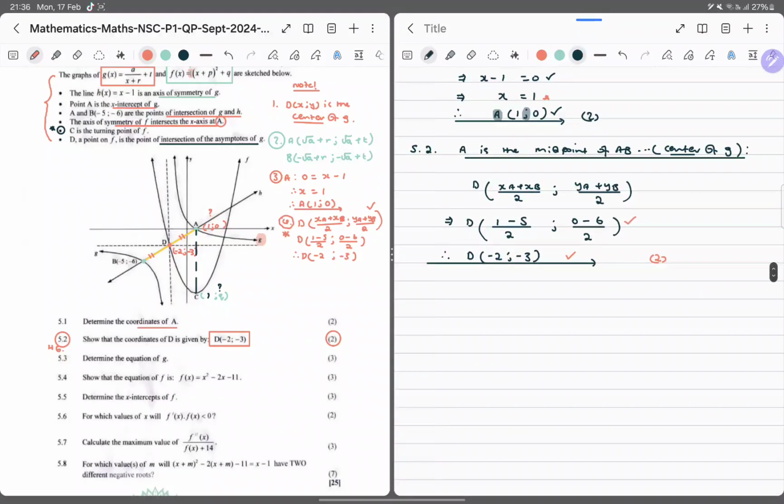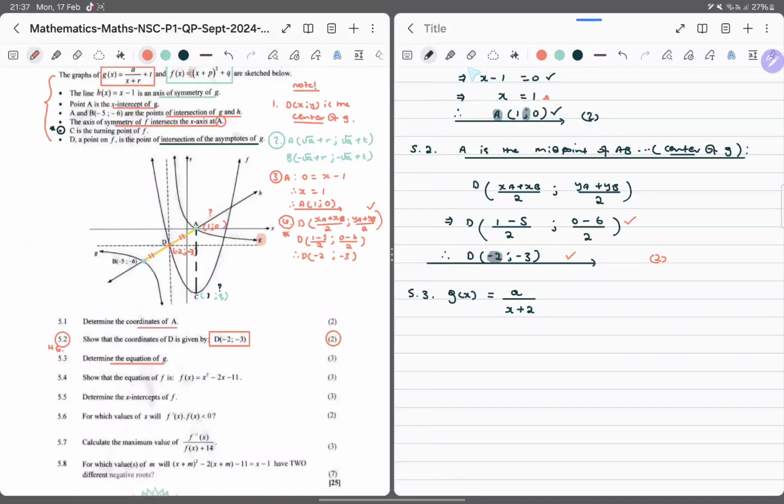We move on. So 5.3 says determine the equation of G. All right, so we know that G of x is now A over x plus 2, minus 3. We saw that D is the center, so we take the opposite sign of that value for x, plus 2.